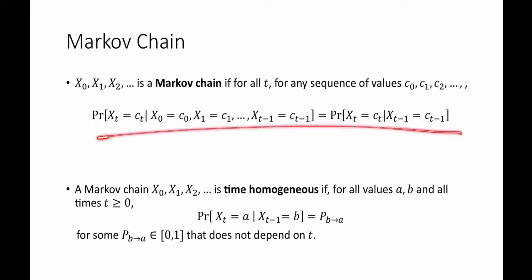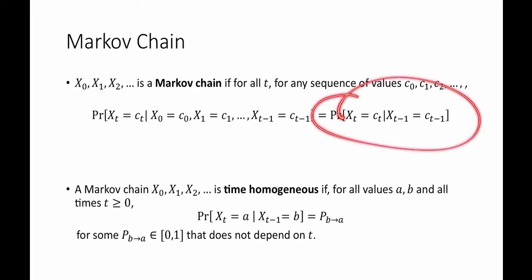Looking at this definition, a priori, the value of this probability here could depend not only on ct and ct minus 1, but also on t itself. However, there are many Markov chains where it doesn't depend on t, and such Markov chains are called time homogeneous.